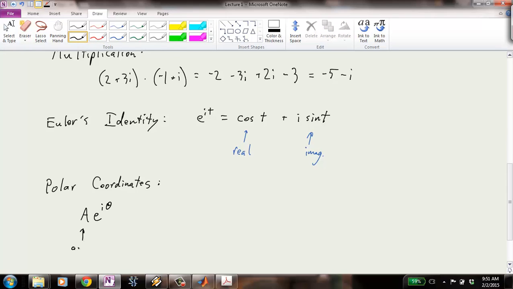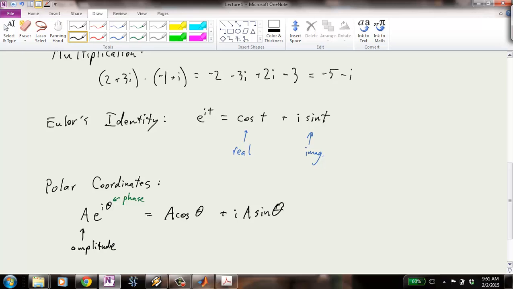That's the amplitude of the complex number, and theta is the phase. And notice that by Euler's identity, this equals a cosine theta plus i a sine of theta. Any number can be written this way. We can go back and forth.